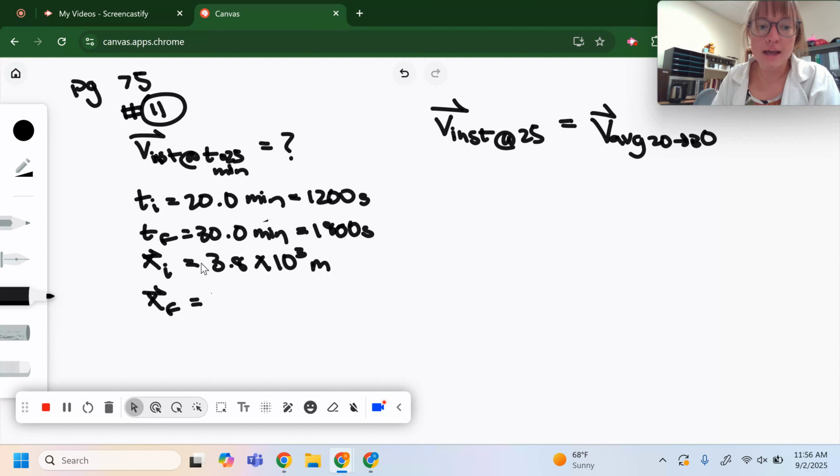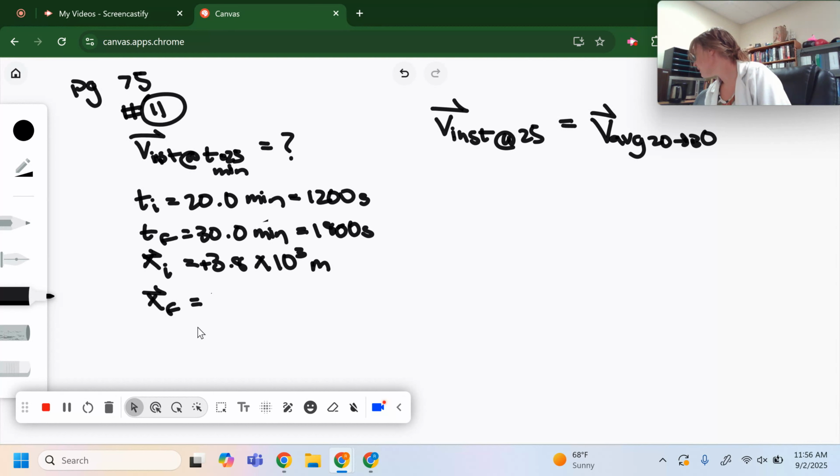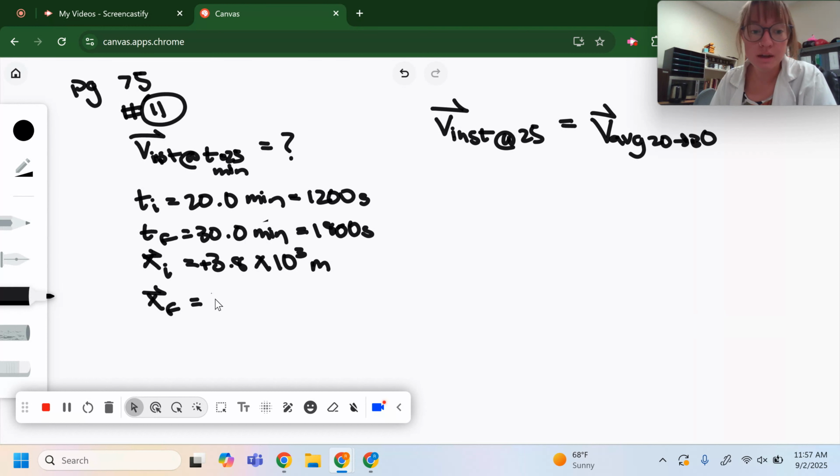I include a positive sign here for direction, or I write the word forward. My final position here is at 30 minutes, and it appears to be right at about, I'm going to say 4.7-ish. So I'm going to call that positive 4.7, though if you called it 4.8, that'd probably be fine too, times 10 to the third meters.